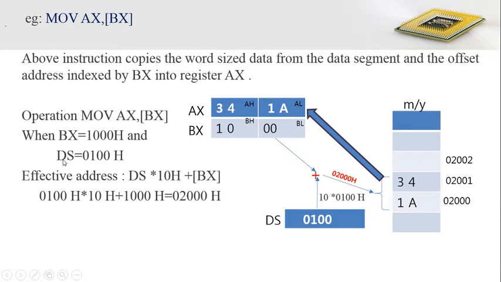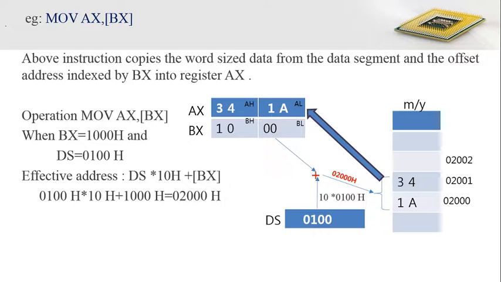And also we need the data segment register content, which indicates the starting location of the data segment from which we get the data to be transferred into register AX. Suppose the value of that particular data segment is 0100H.